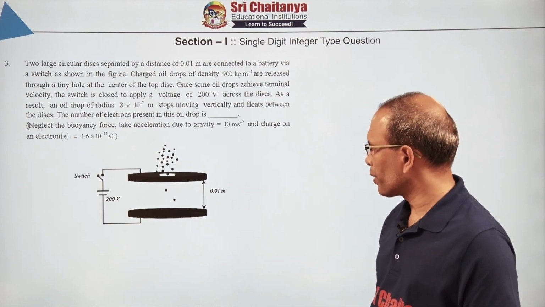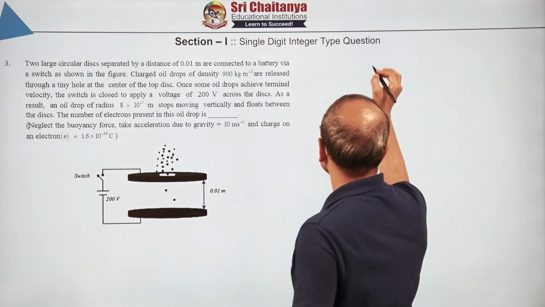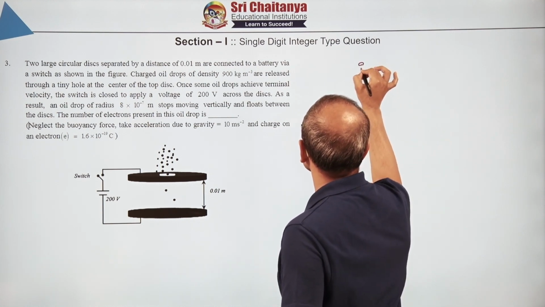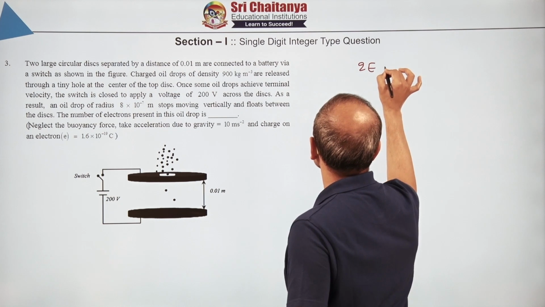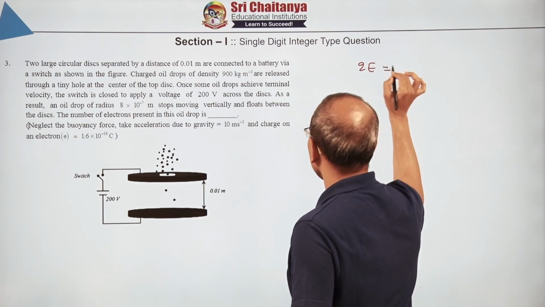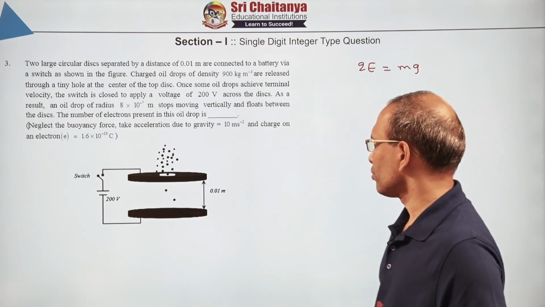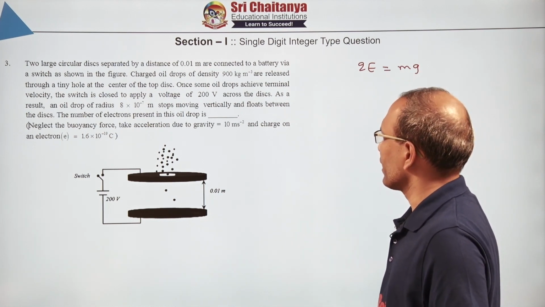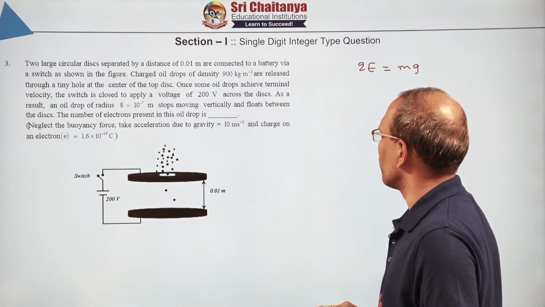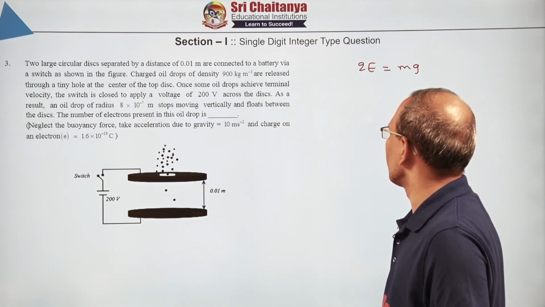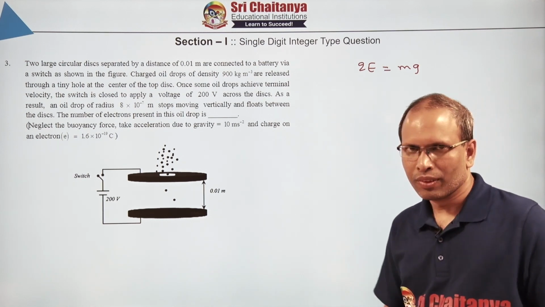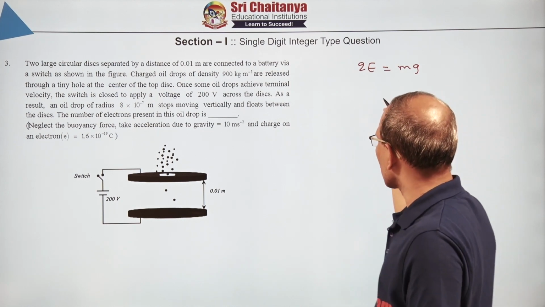So when it is in equilibrium, we can write that the force on the charge, Q into E, is balanced by mg. Now what does Q consist of?